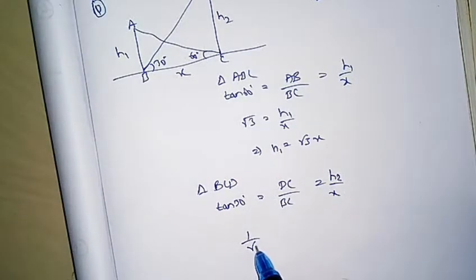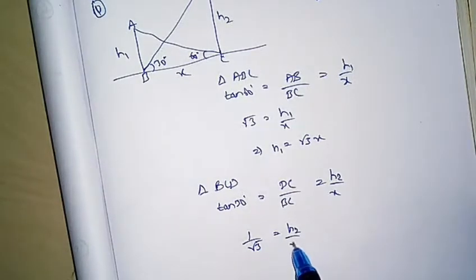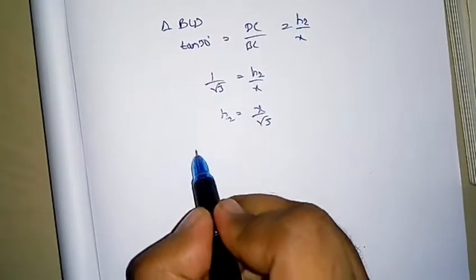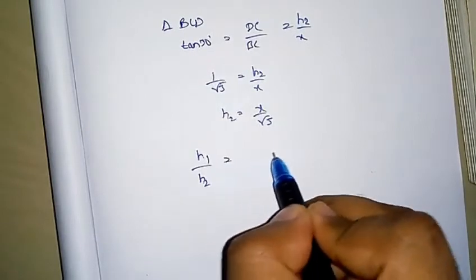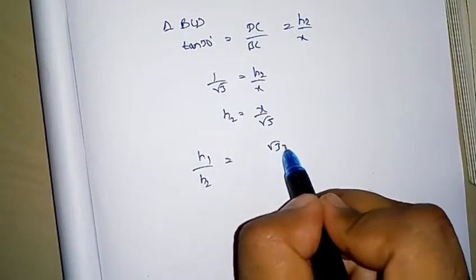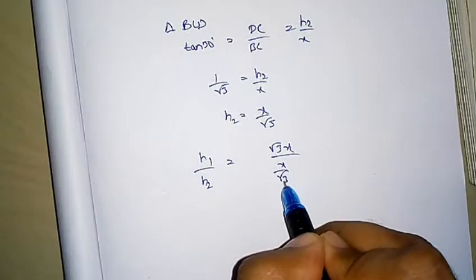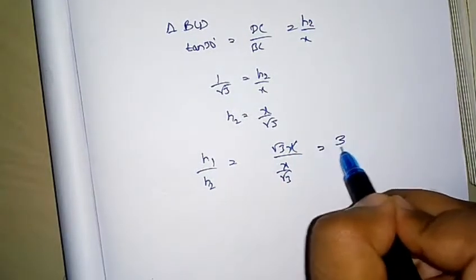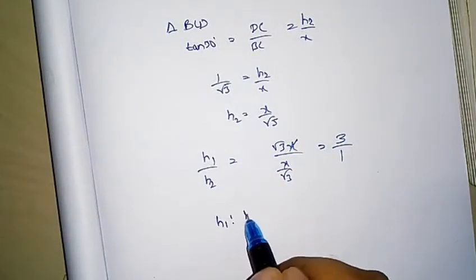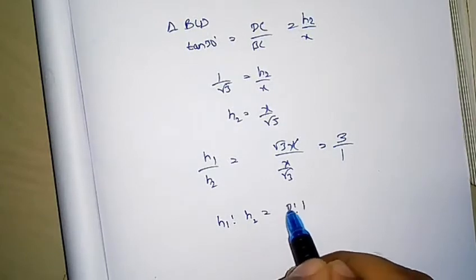Tan 30 is 1 by root 3, equal to H2 by x. Therefore H2 is equal to x by root 3. H1 is to H2 is root 3 x by x by root 3. We can cancel x and x. This will be equal to 3 by 1, or H1 is to H2 is equal to 3 is to 1.